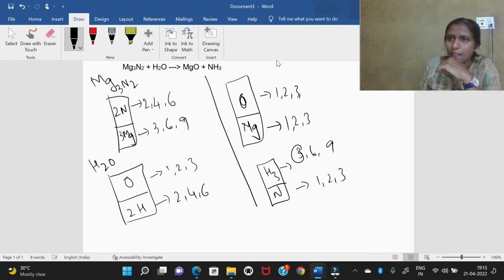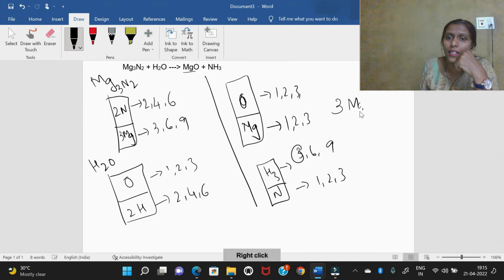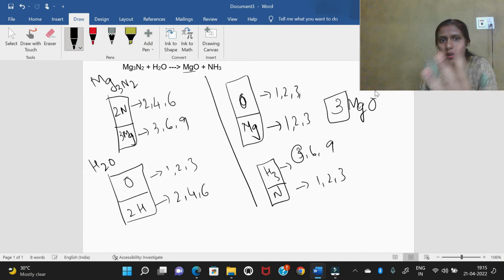Next come. Look, which one should I balance now? Mg is 3. The supply itself is 3 kgs at a time. How about here? The demand is 1 kg. So what do we do? Supply 3 bags, 3 MgO. My supply of 3 kgs got demanded by one family which was 1 kg.